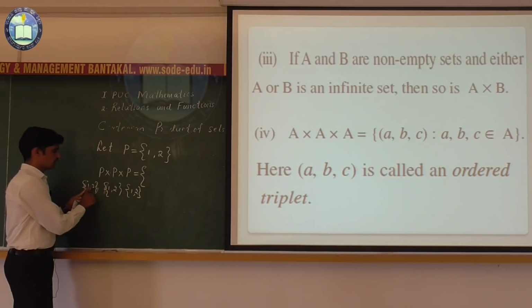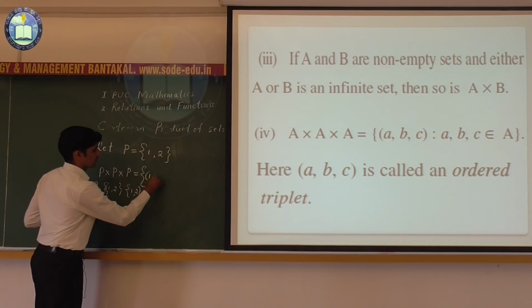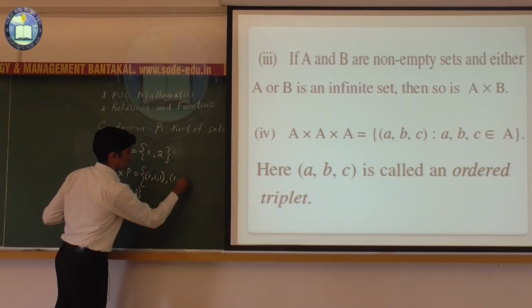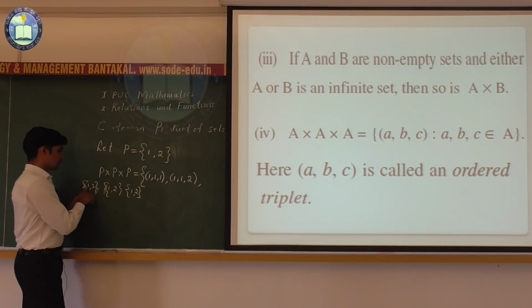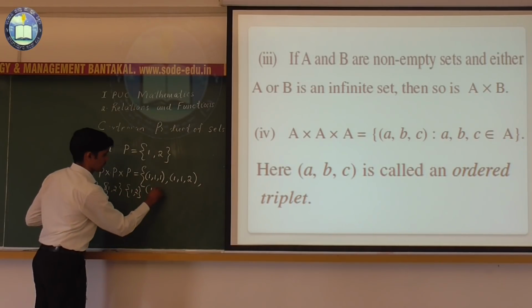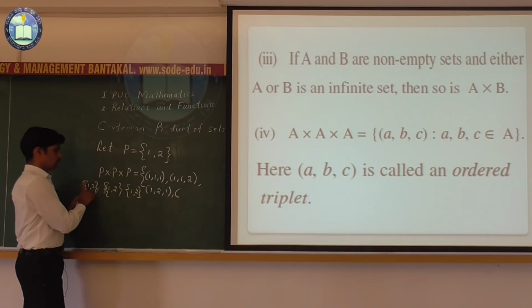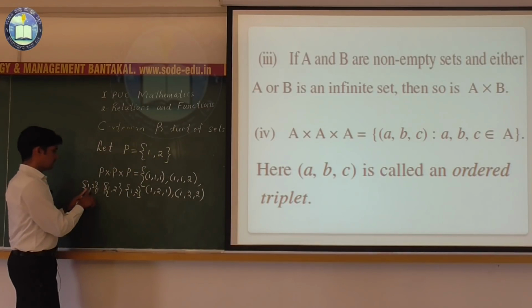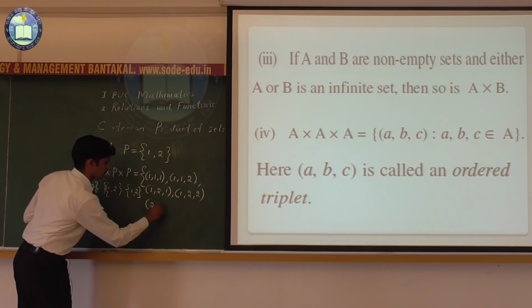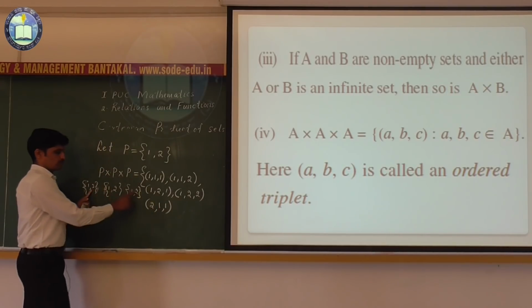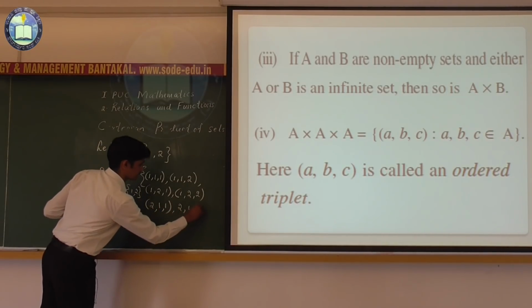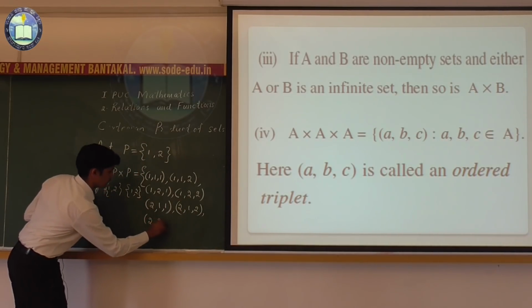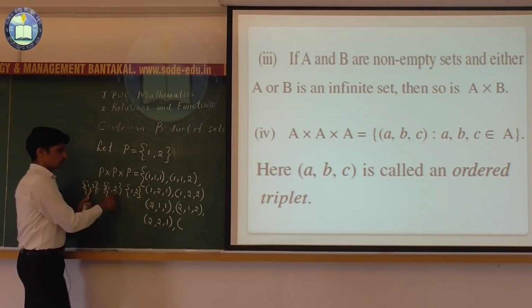Then the ordered triplets are (1, 1, 1), (1, 1, 2), (1, 2, 1), (1, 2, 2), (2, 1, 1), (2, 1, 2), (2, 2, 1), then (2, 2, 2).